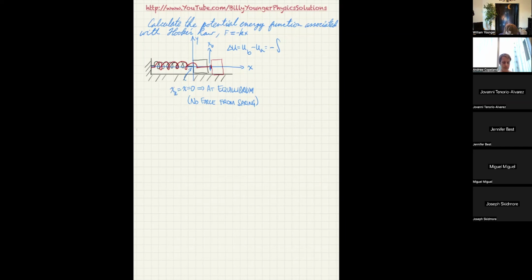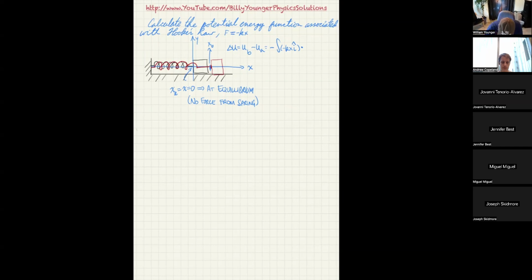Now, the force from the actual conservative force is given by Hooke's law as negative kx, and of course, it will be pointing in the i hat direction. So I'm going to write a parenthesis and write an i hat there. So there's my F. Now for my dl, I'm going to use again the dl to point in the direction that I'm actually integrating.